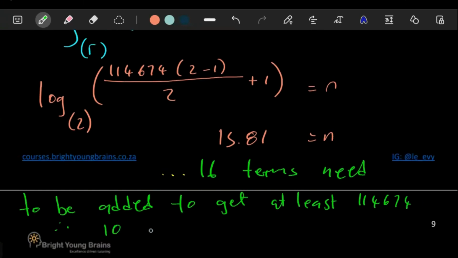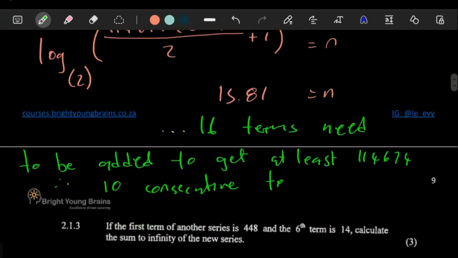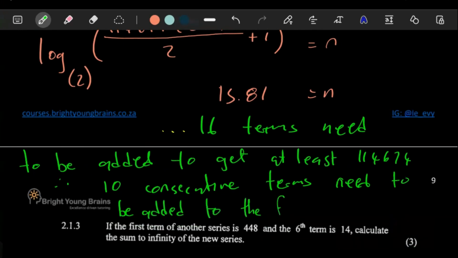Therefore, 10 consecutive terms need to be added to the first 6 terms to get 114,674. There we go. It's all nice, it's all dandy.